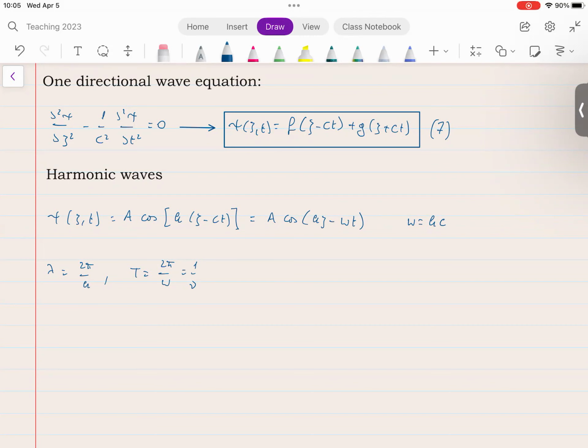And we can also define the vector k as k times k hat, where k hat was the direction normal to the wave front, and this is going to be my propagation vector.